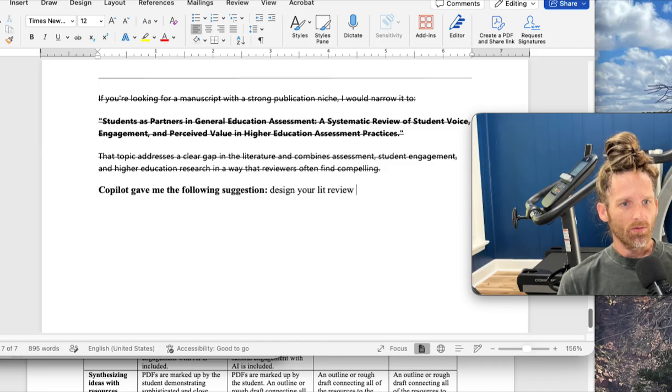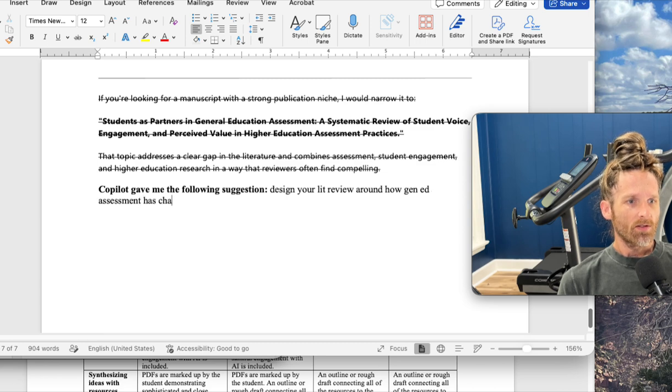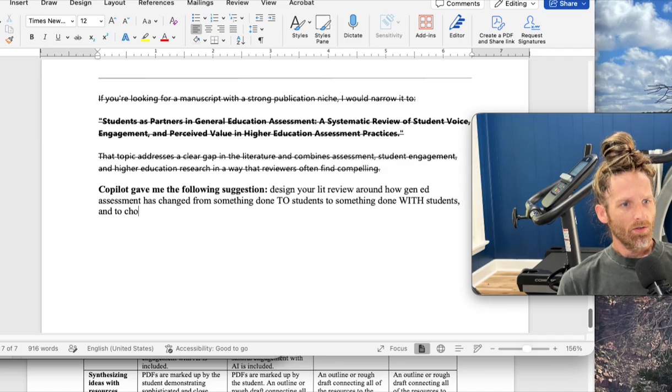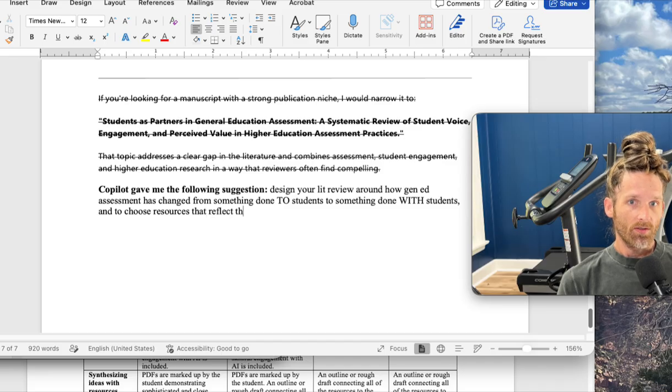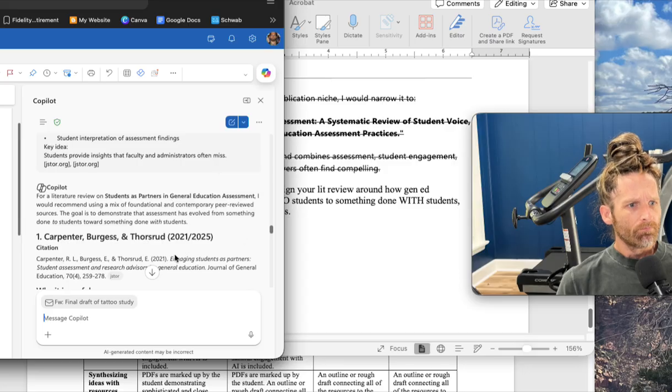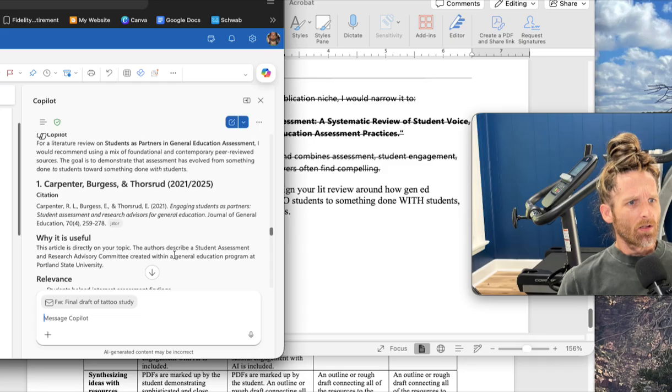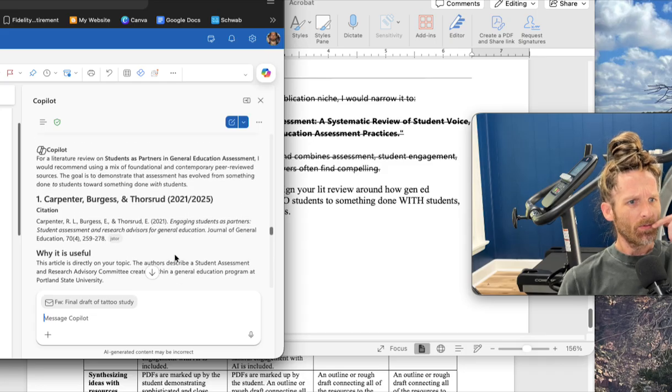Design your lit review around how gen ed assessment has changed from something done to students to something done with students. And choose resources that reflect these changes. So they've given me one. All right, so they give me resources and explain why.